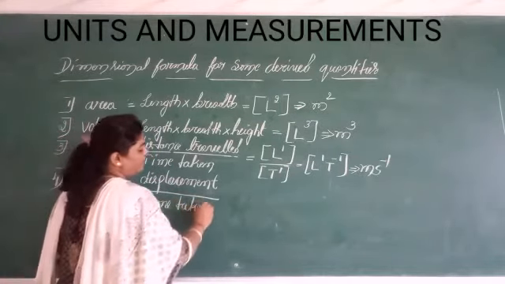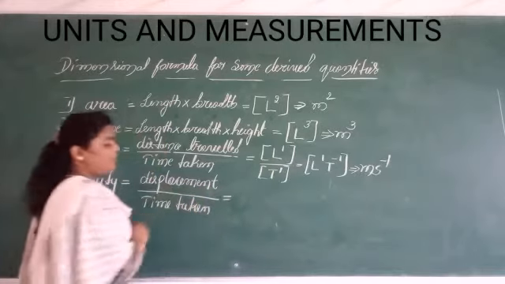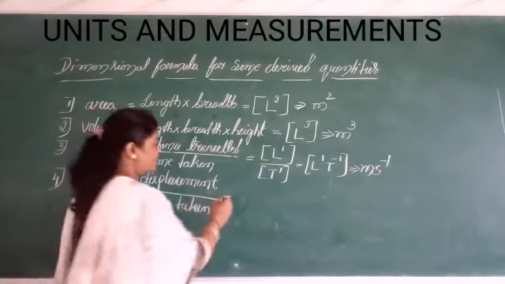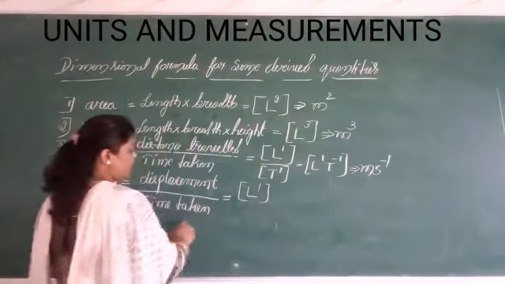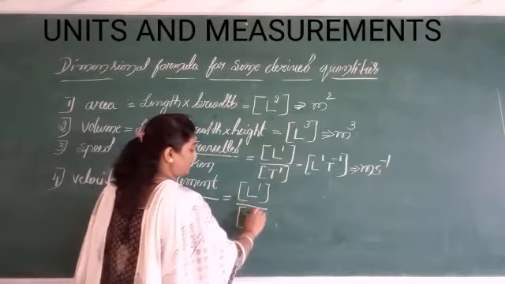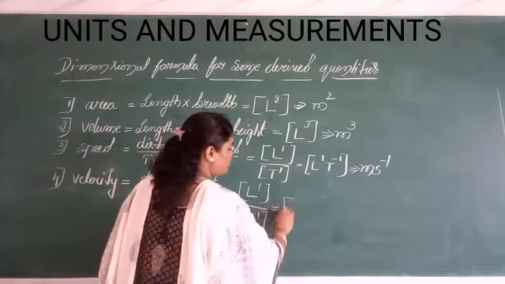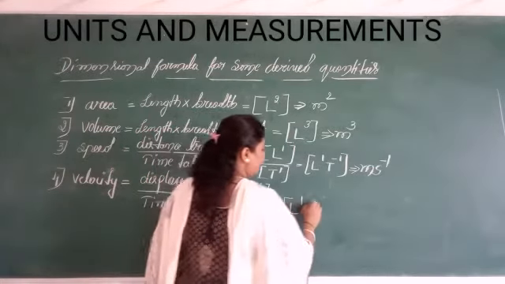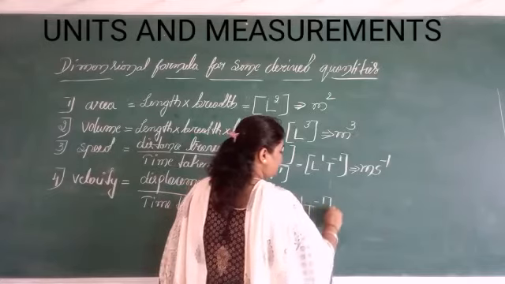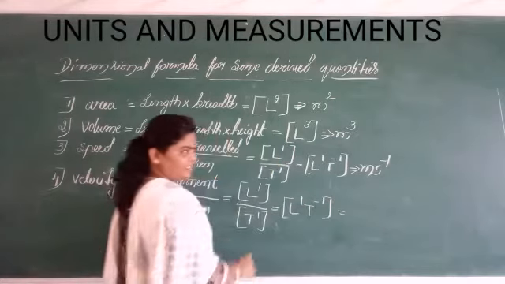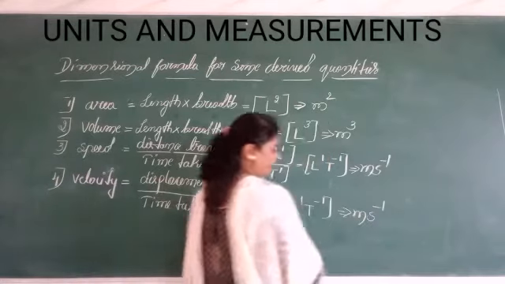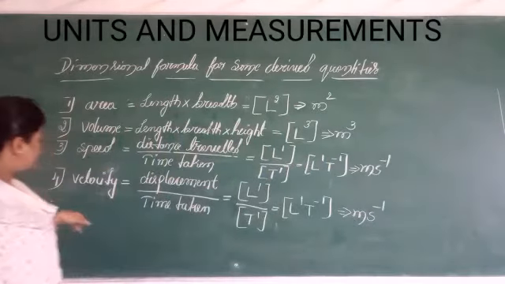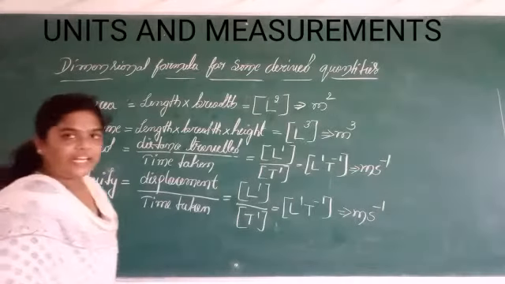So displacement ಅಂದ್ರೂ ಕೂಡ ಒಂದು length, L1, time ಇದೆ, that is T1. So dimensional formula for velocity is L1 T minus 1 and its unit is meter per second.